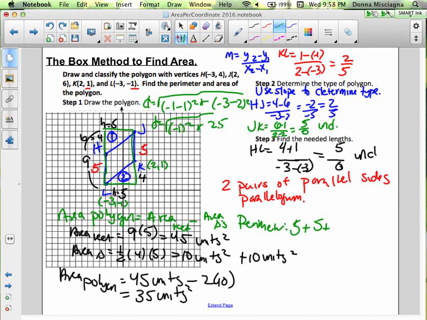So I don't know why I didn't square this one already. It's going to be 1. And that is under the radical, and then plus 25. And that's that diagonal side, but we know there's 2 of them, 2 congruent sides. So we've got square root of 26.